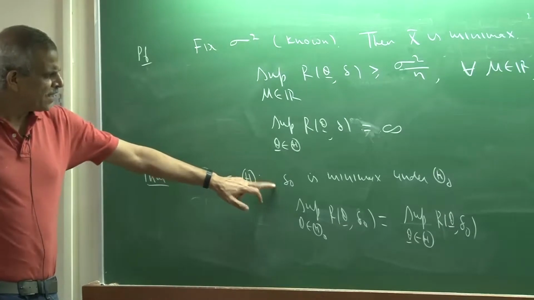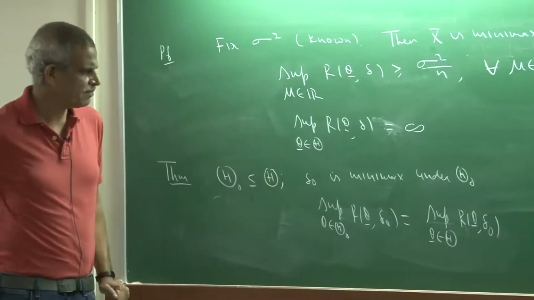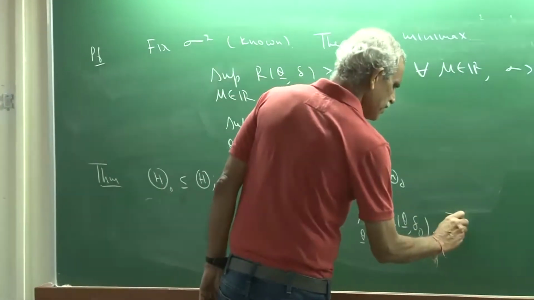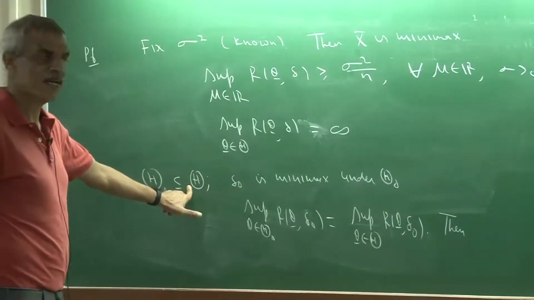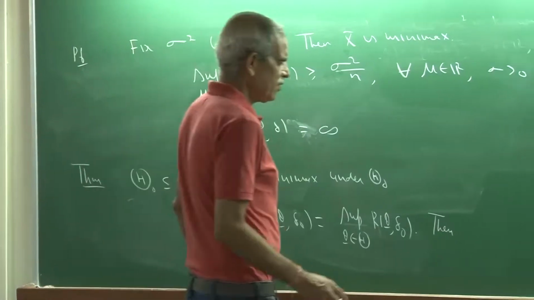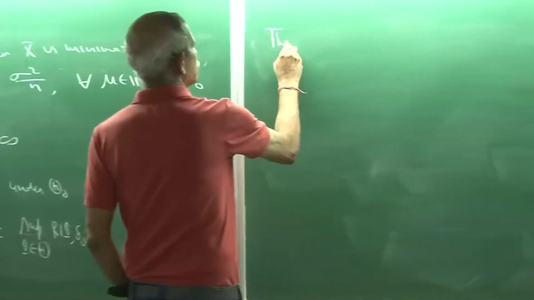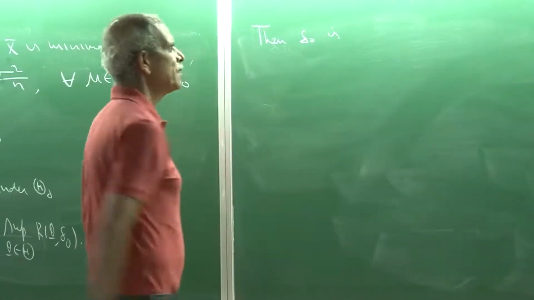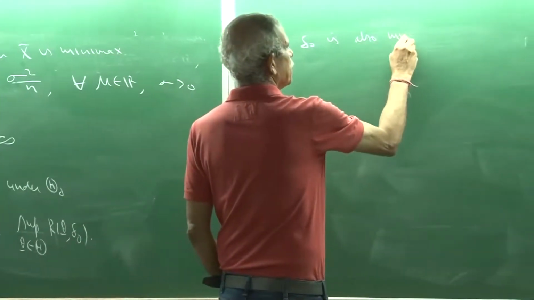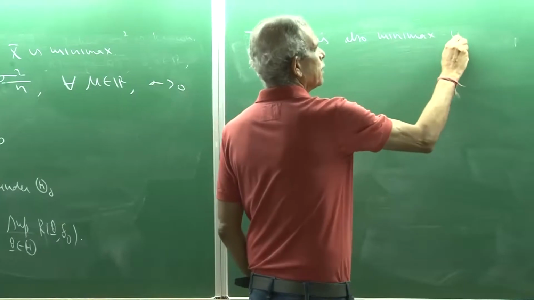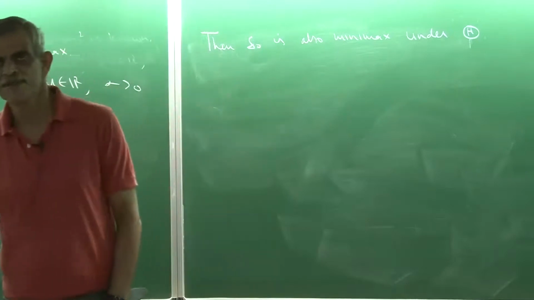So this condition will be satisfied by any constant risk estimator which is minimax. Now if that happens, then delta naught is also minimax under theta, that means the bigger parametric space.